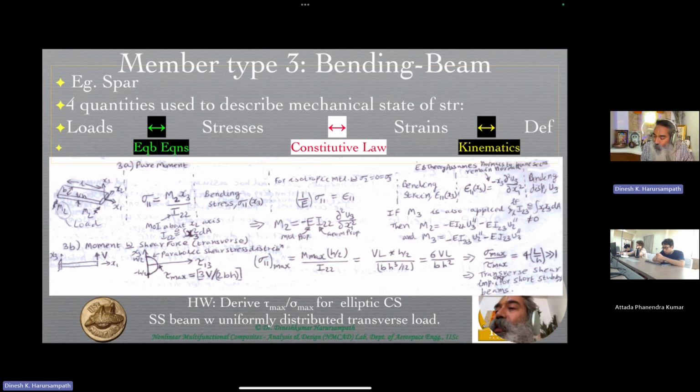But as we see in this equation that we just introduced over here, there's a coupling between M2 and M3 and U2 and U3. There's not only the direct effect given by the moments of inertia, that is I22 and I33, but also the coupling because of the non-zero product of inertia, which is primarily coming because of your asymmetric cross section. Are there any questions so far?